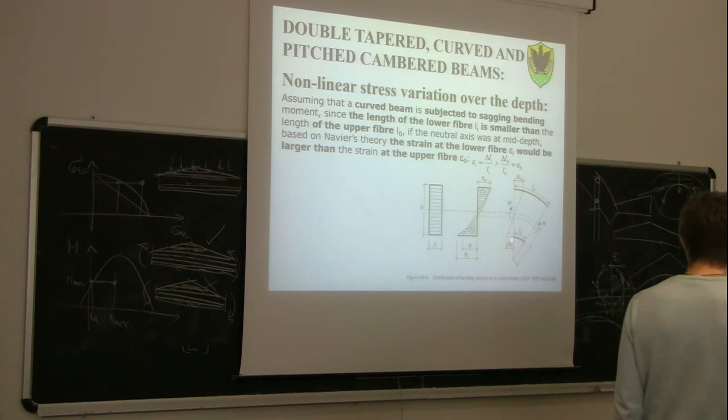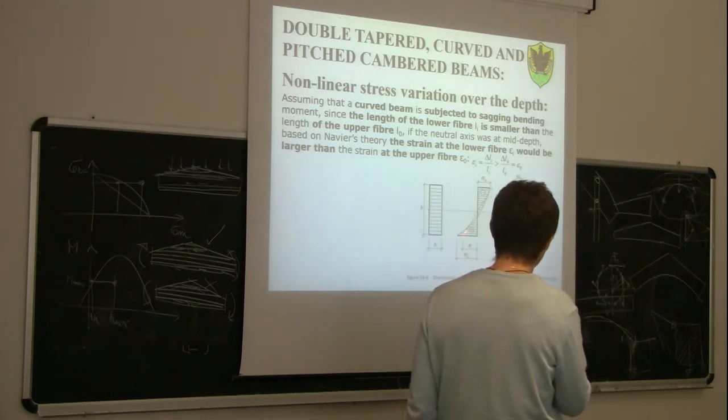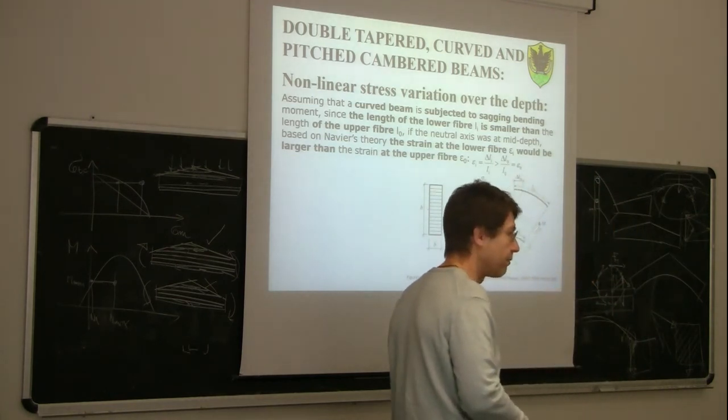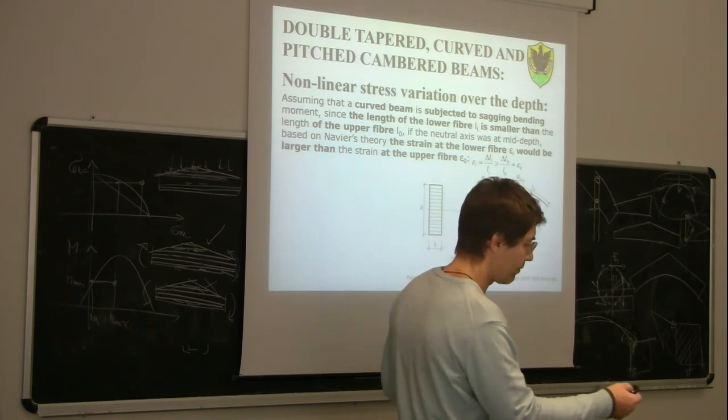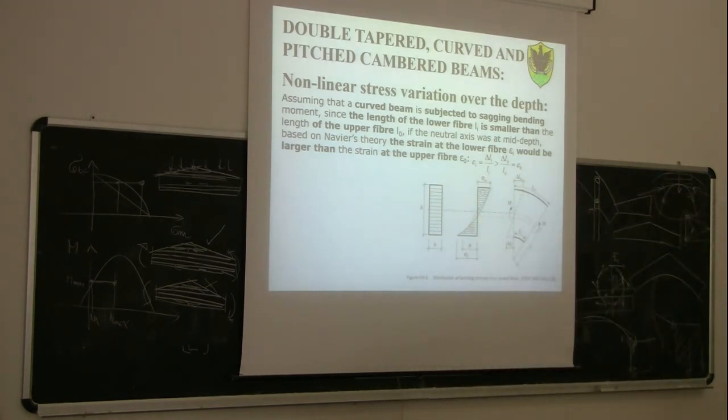This means that epsilon I is greater than epsilon 0, and this means also that for an elastic material, sigma I is greater than sigma 0. If there is this difference, the neutral axis can clearly not be anymore at mean height. But as you can see here, for the equilibrium, the neutral axis should be a little bit on the lower side, at a lower level.